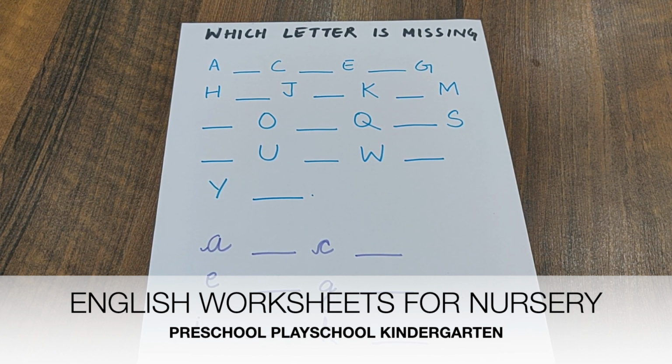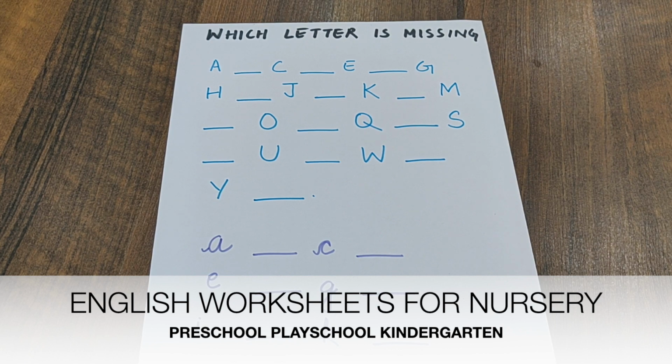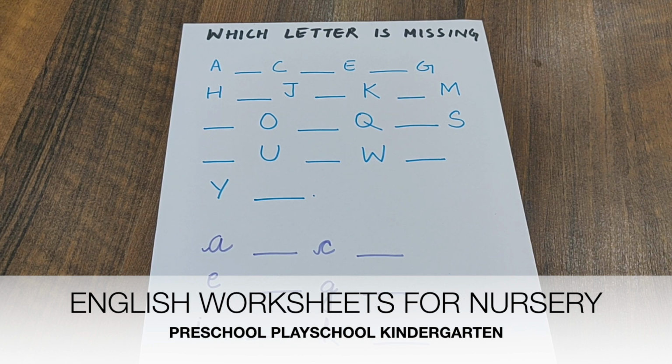Now today's video aims at making DIY worksheets, that is do it yourself, make it yourself worksheets related to the subject English. Now these worksheets are going to be really helpful for nursery, toddlers, beginners or kindergarten kids.